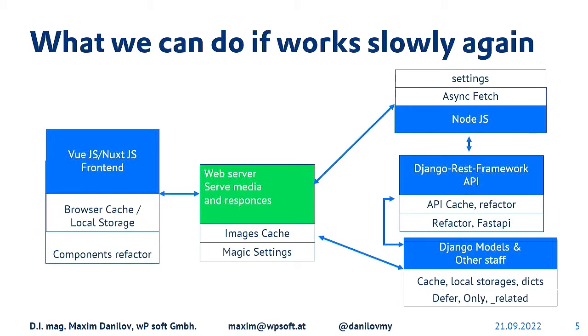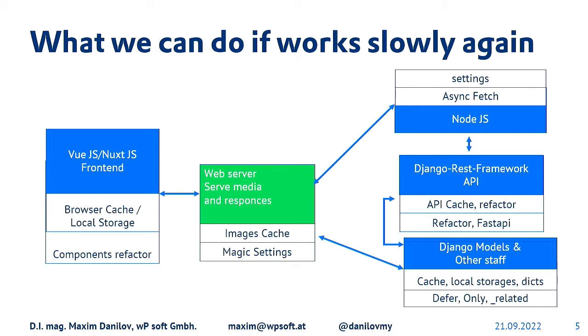After that, we start to create a new layer for our cache. We can refactor components in Vue.js. We can use magic settings in the web browser. We can refactor our APIs or refactor our serializer.